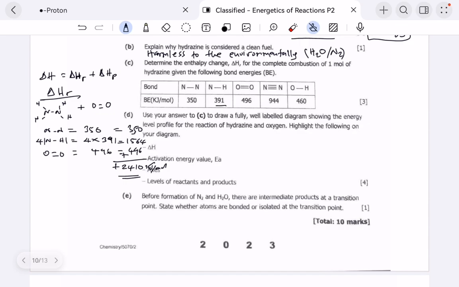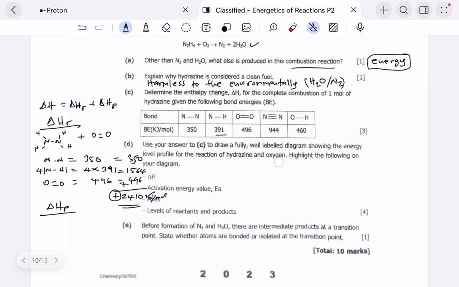Okay, I'm putting a positive to indicate that it's an endothermic bond breaking. We are on the bond breaking side. Then we equally do the same for the products.